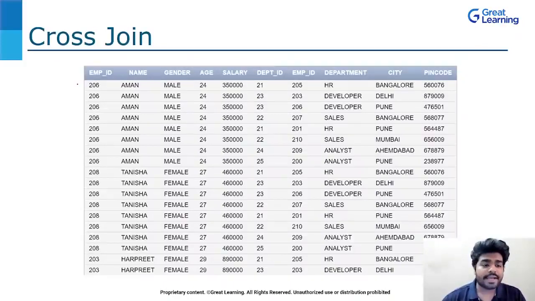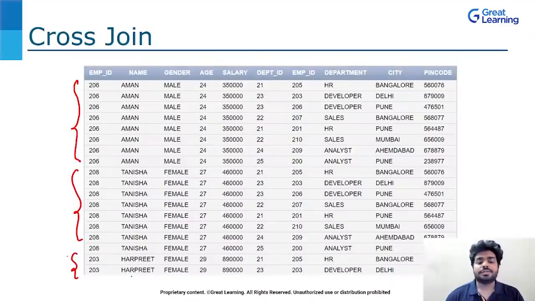So I have 8 data from Aman, 8 data from Tanisha, 8 data from Harpreet, which I have not shown because the table was really big. This is your cross join. Where do we use it? Cross join can be used in any table, any database.